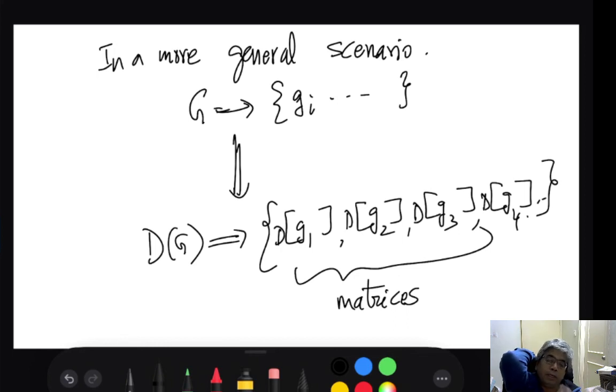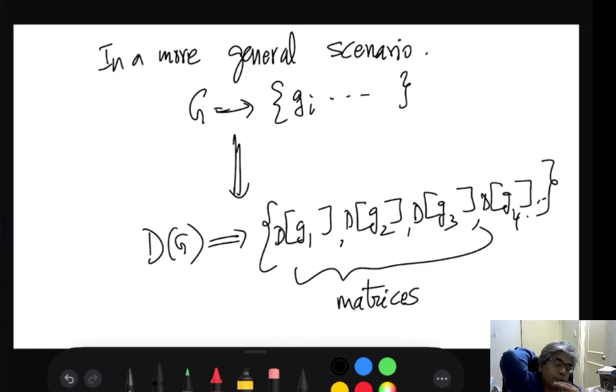So there could be any kind of representation. What people are interested in are the irreducible representations. These are representations defined by their dimension. The same group, for example, could be represented by one dimensional, two dimensional, three dimensional, n dimensional matrices, without spoiling any of the properties of the group elements.